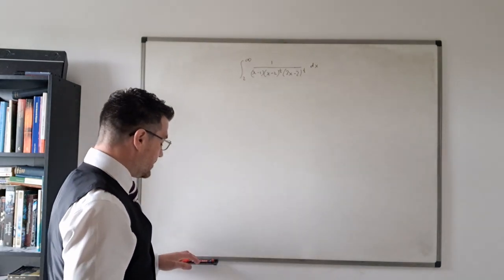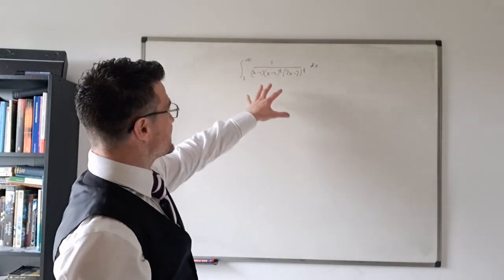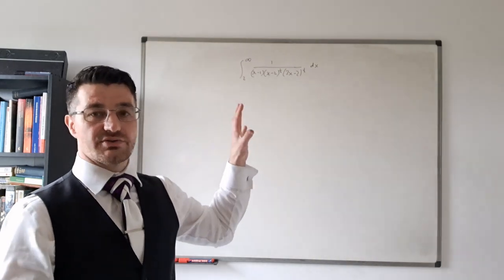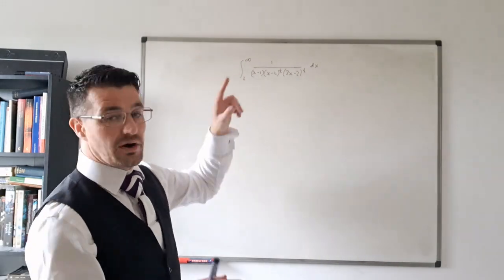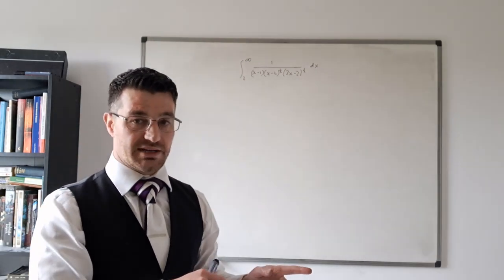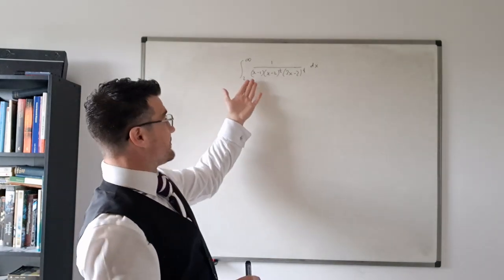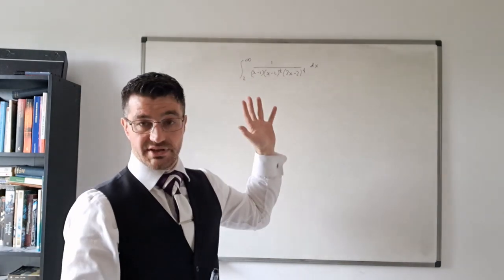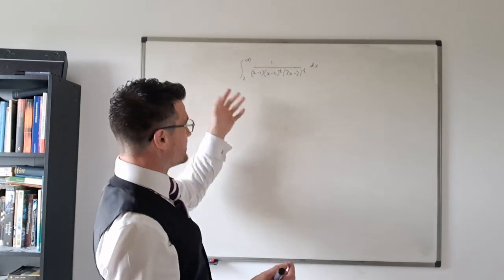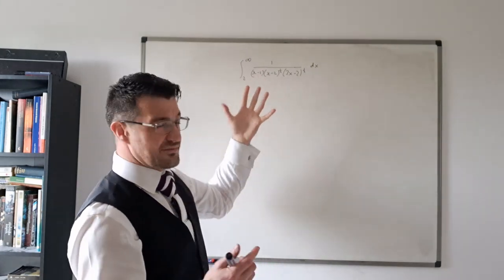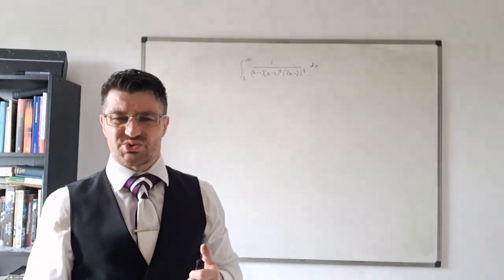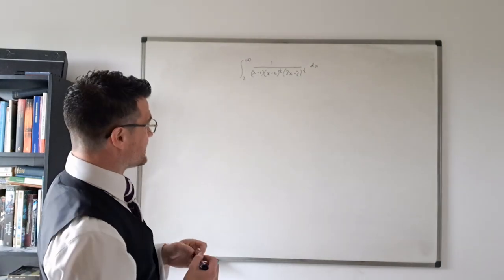Okay, so notice that the form of this integral is different to the form of the integrals that we've had in the previous 2 parts. Note we've got 3 terms in the denominator here, if you want to call them terms, and the powers are different as well. I tried all sorts of things here.